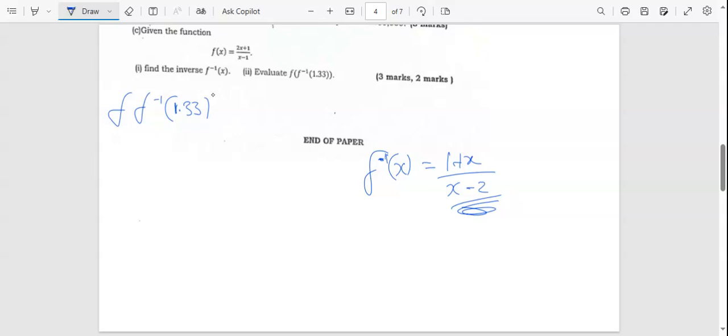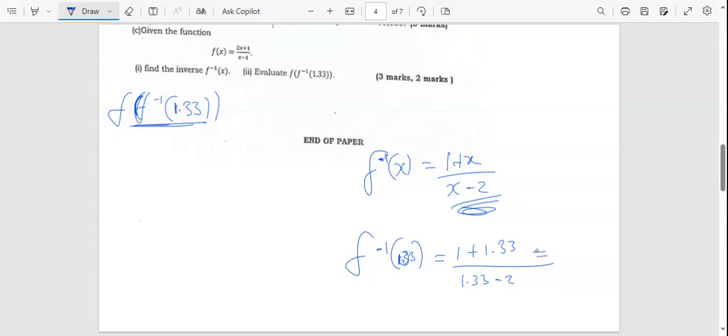I don't have a calculator with me though. All right, so in short, in f of x, what we do here is we find the inverse now of the same inverse. Now we'll say the inverse of 1.33, all right. Wherever is x, we'll put 1.33, over 1.33 minus 2.